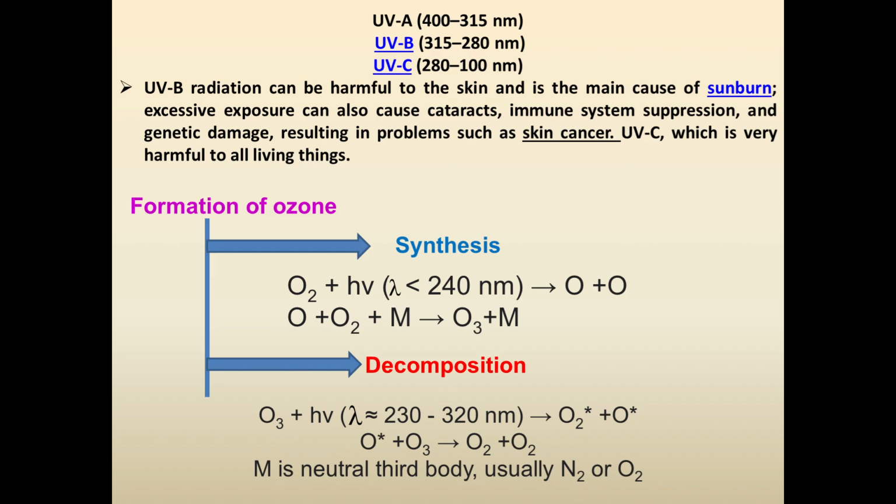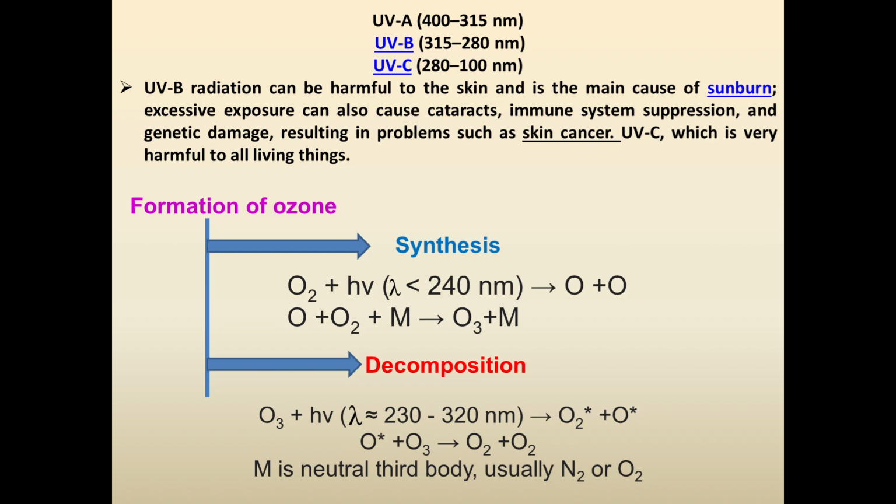Why is UV radiation harmful? UV radiation can be harmful. It causes a series of diseases when it comes to the earth's atmosphere, starting from skin cancer. Skin cancer is one of the prominent diseases due to UVB radiation.